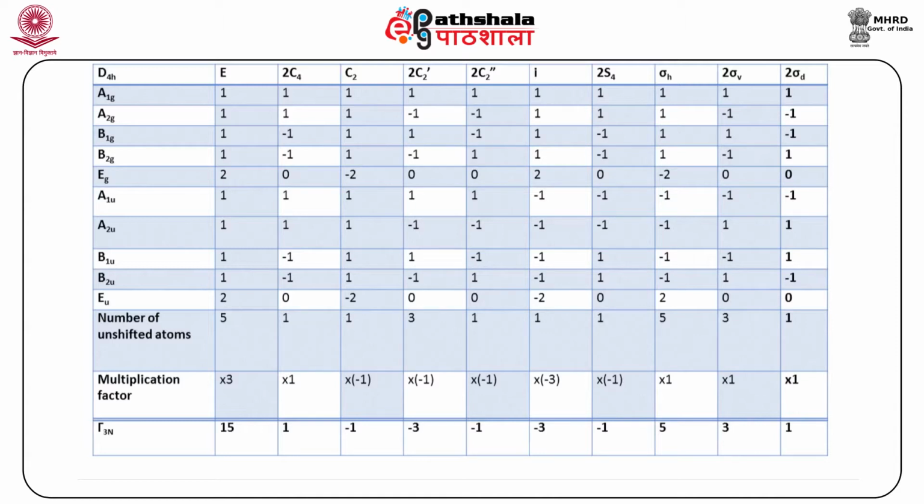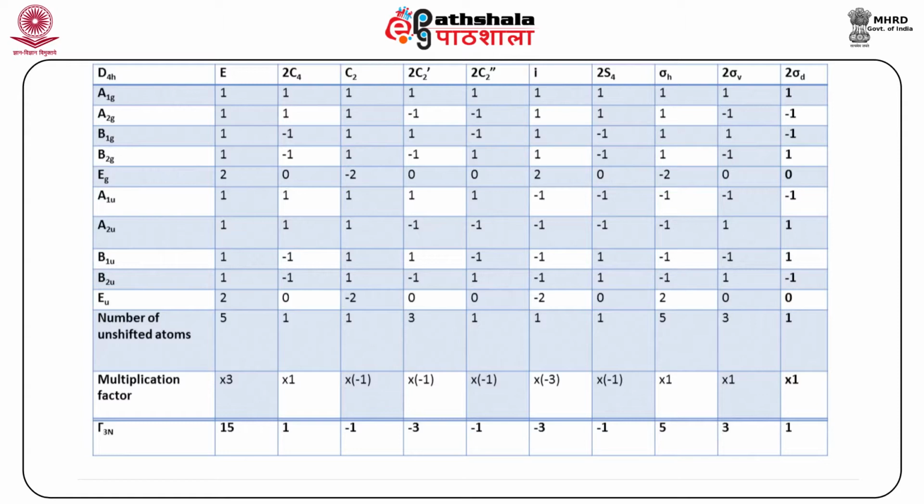Like this, we have the effect of S4 and sigma h. How many? It is the same as the effect of E. All the 5 atoms remain. Then sigma v, where 2 fluorine and 1 xenon are not shifted, and then sigma d.